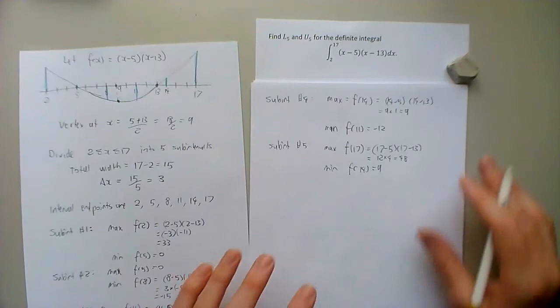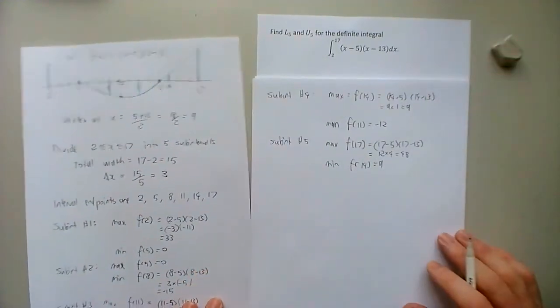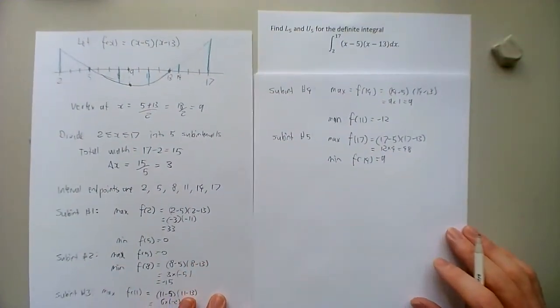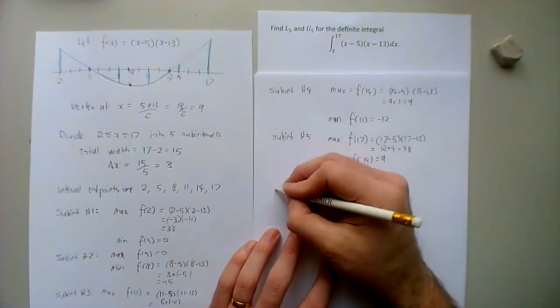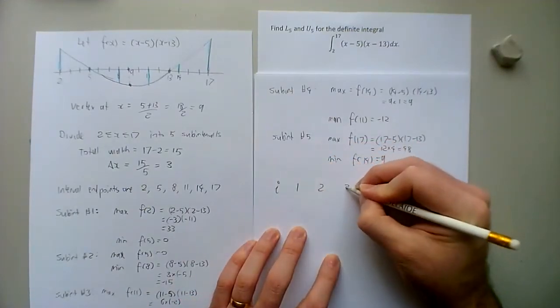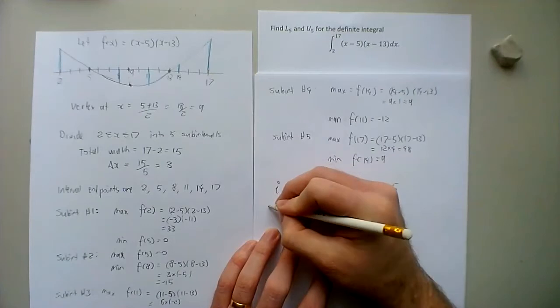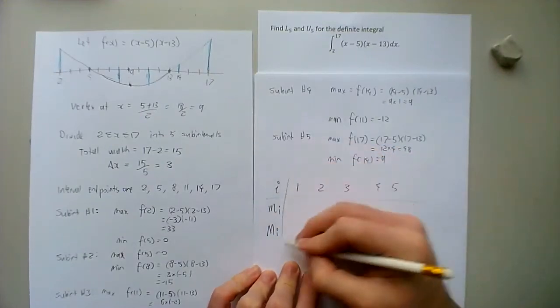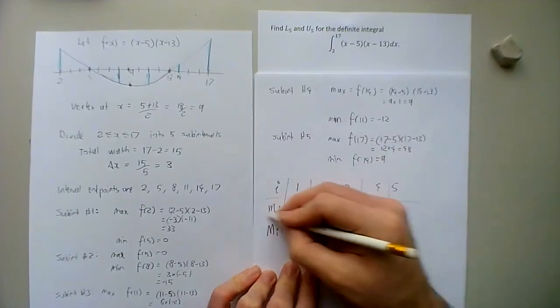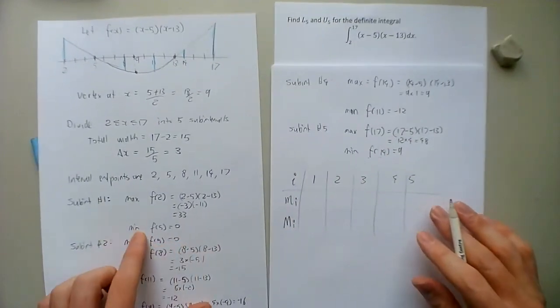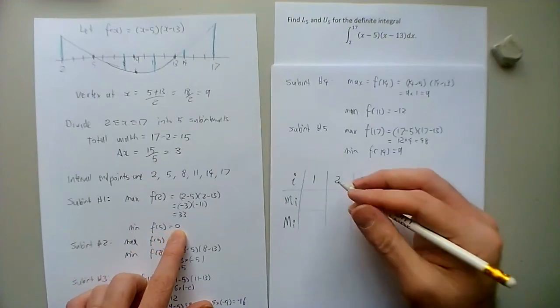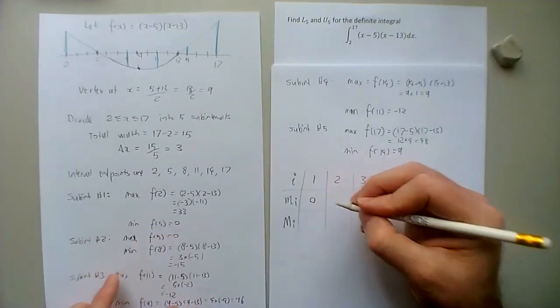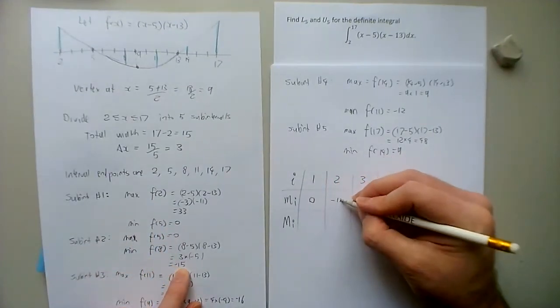So I'm just going to make a table of that. I think I've got everything I need. So I, which is the interval I'm up to, 1, 2, 3, 4, 5. Little m_i, which is the minimum, and capital M_i, which is the maximum. So little m1 is 0. Little m2 is -15.